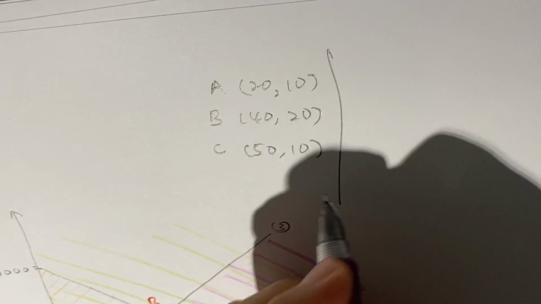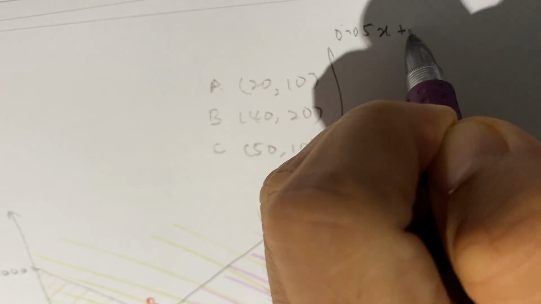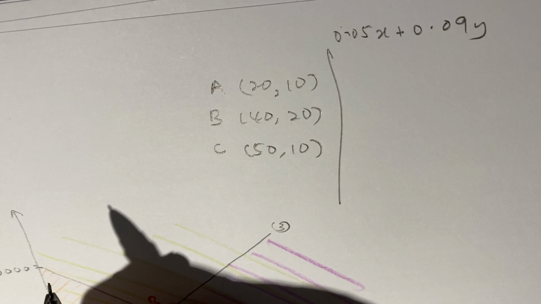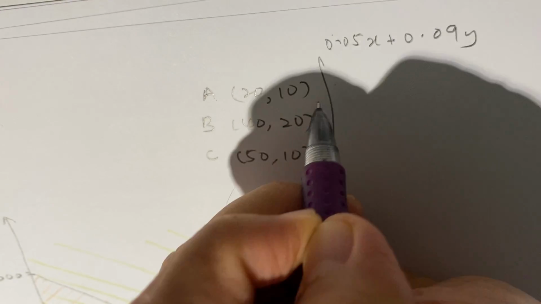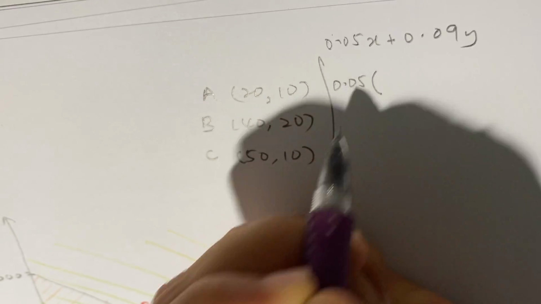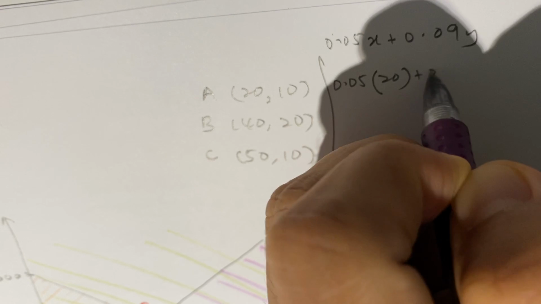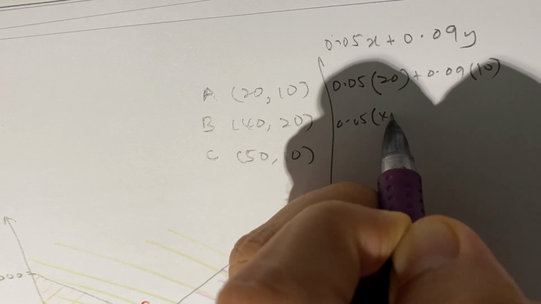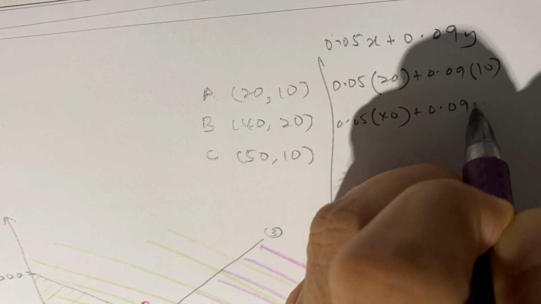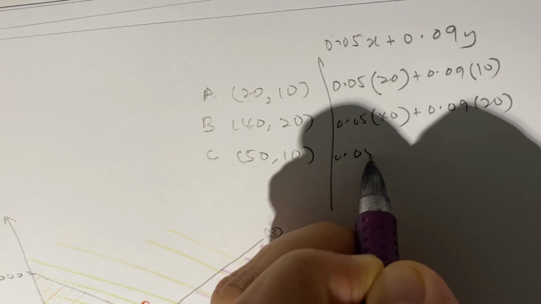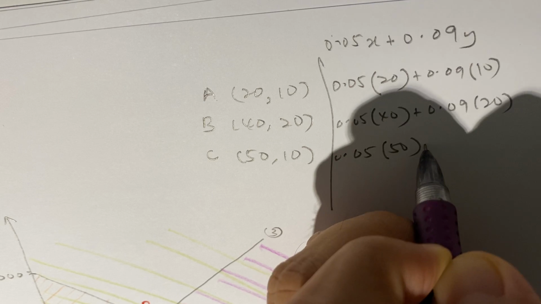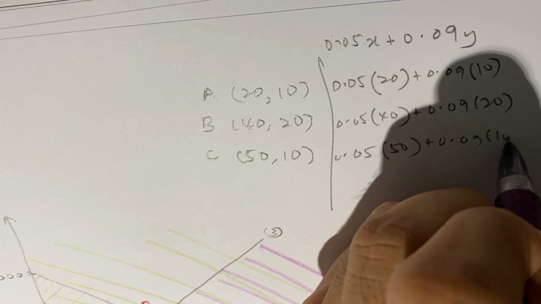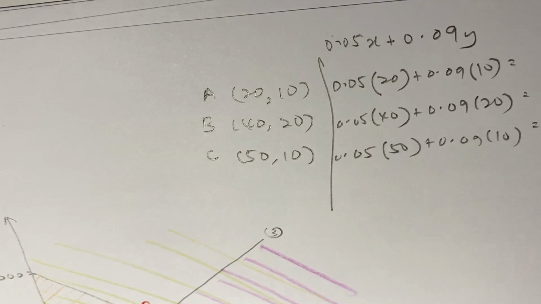Now plug this into 0.05x plus 0.09y. So we have 0.05 multiplied by 20 plus 0.09 by 10, 0.05 by 40 plus 0.09 by 20, 0.05 by 50 plus 0.09 by 10.